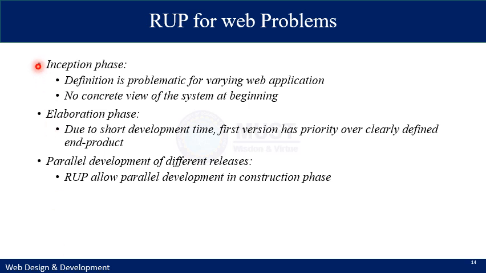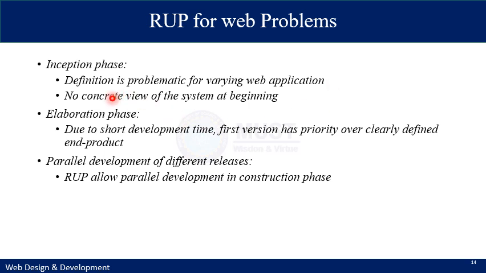If you look at the inception phase of the Rational Unified Process for web projects, the definition is very problematic for web applications, as we have already discussed that identifying the scope or the business requirements is a very difficult problem for web applications.